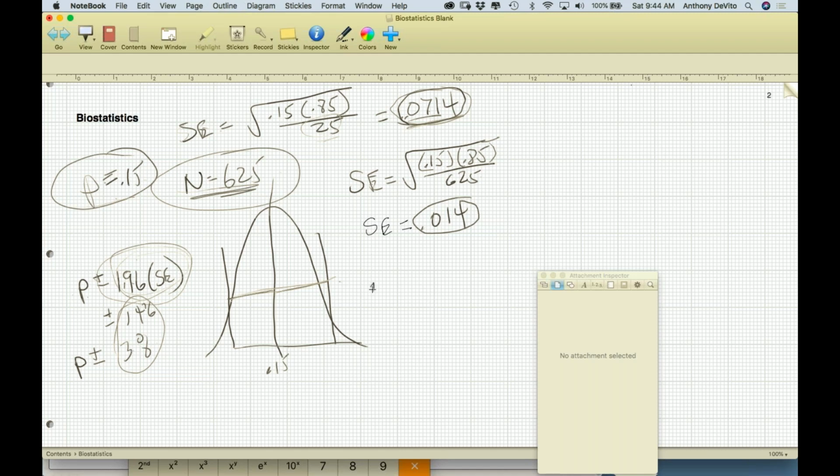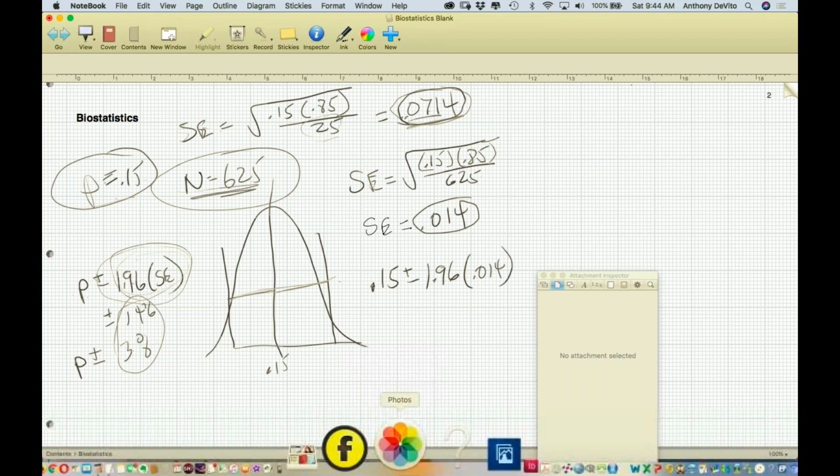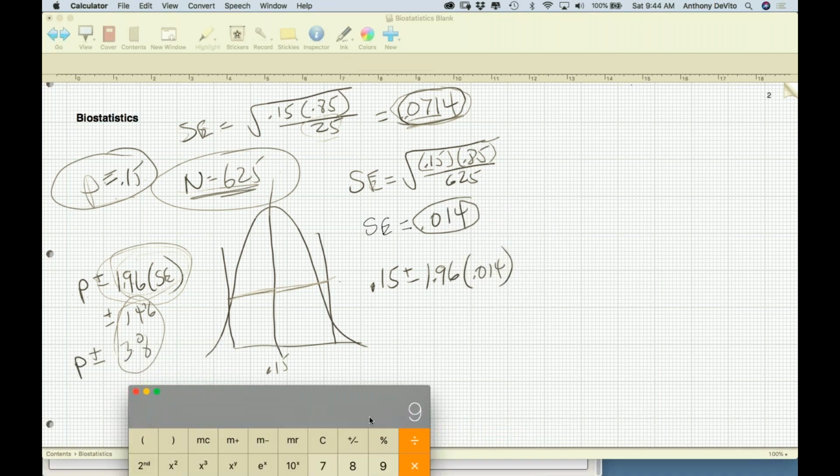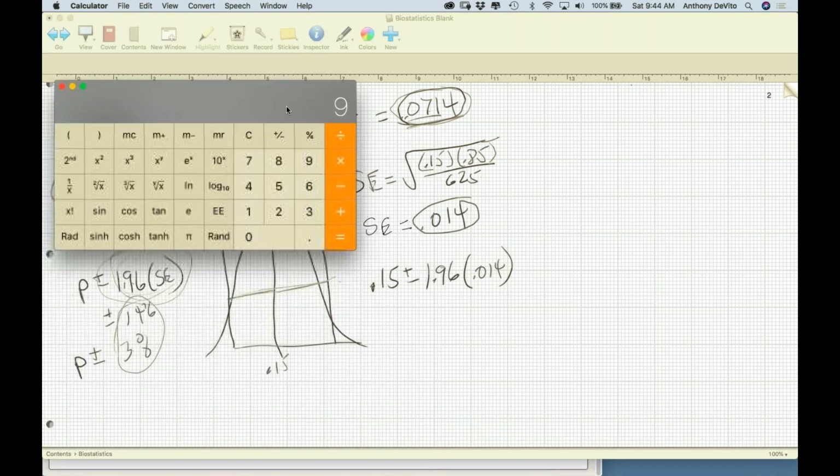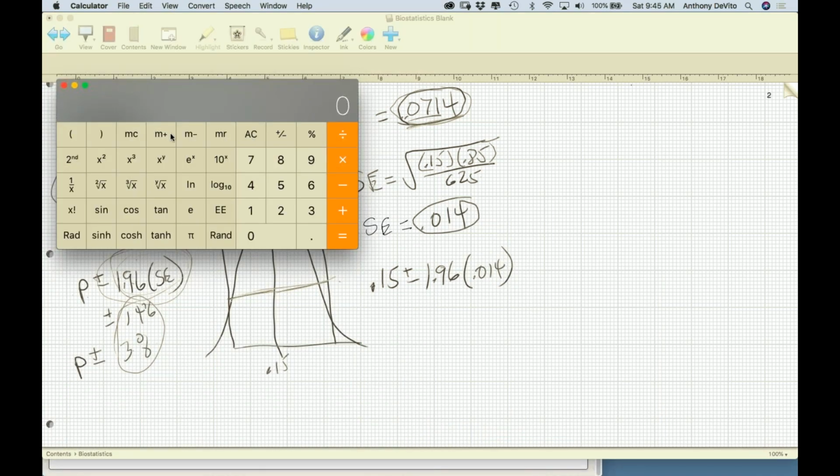Well, it's going to be 0.15 plus or minus 1.96 times 0.014. Hopefully I carried enough digits to not have a rounding error, but let's do it anyway. See what I got.